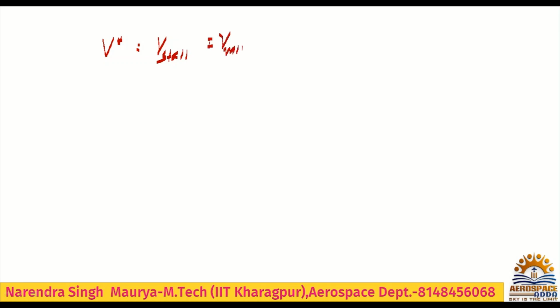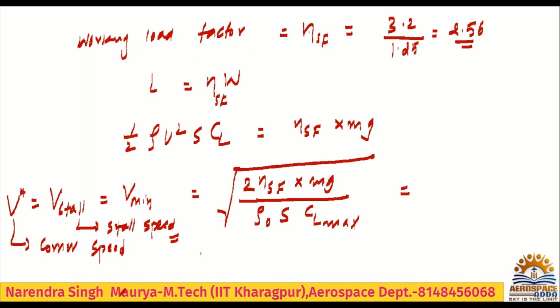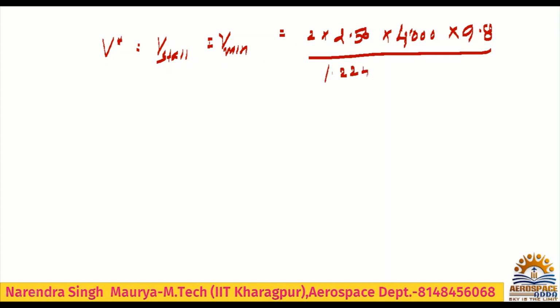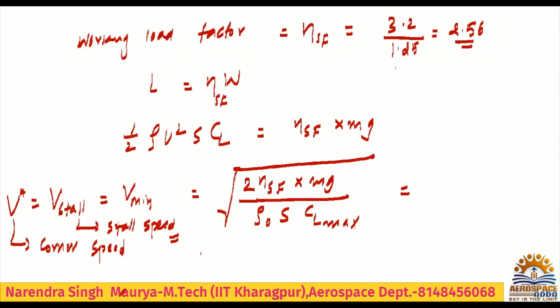V min, so 2 into SF, just now you have calculated 2.56, mass is 4000, I think 4000, G 9.8. Write all the correct data. Density is 1.225 at sea level. What is the area? I forget.